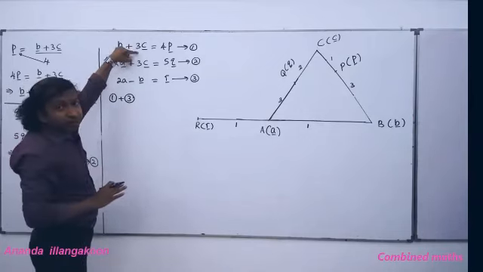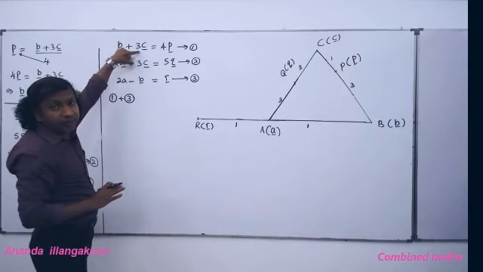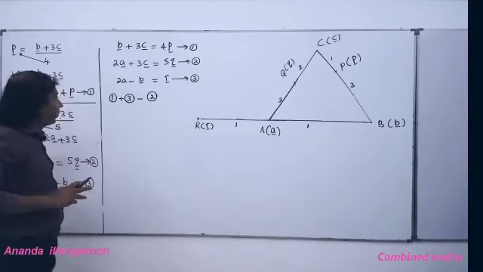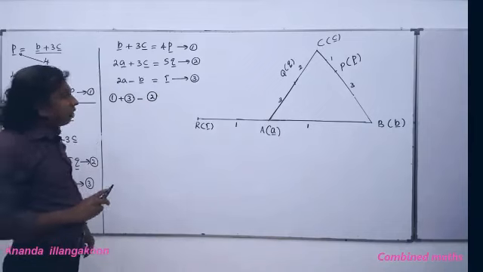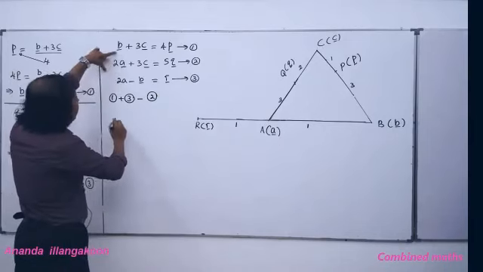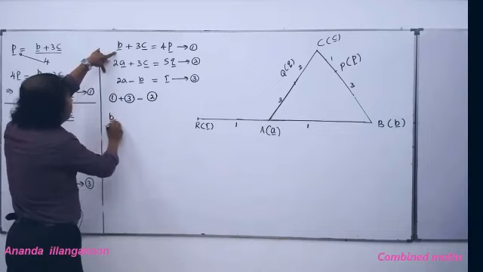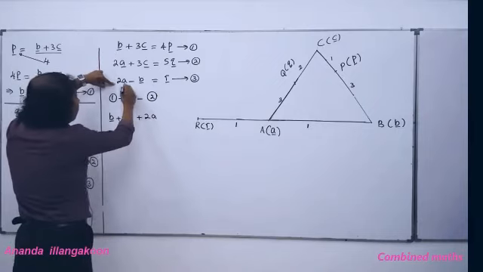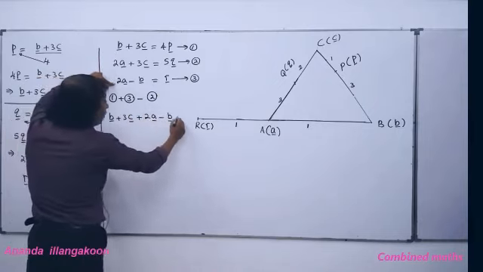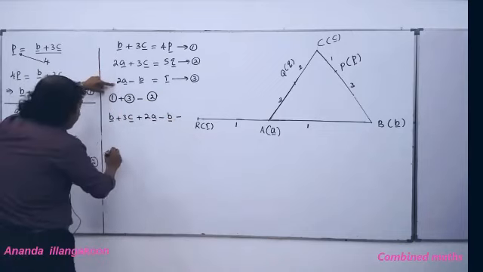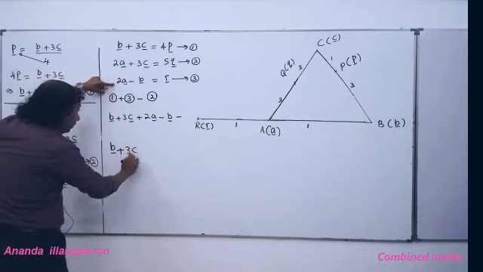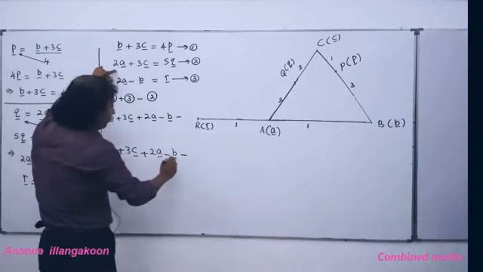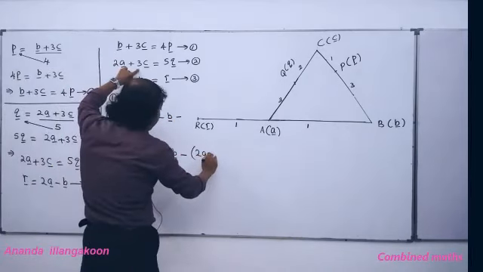This 2a and this 3c will add. 2a plus 3c. From that we subtract number 2. This way, 1 plus 3 minus 2. See what happens? 1 is b plus 3c, and this is 2a vector minus b, minus 2a plus 3c.